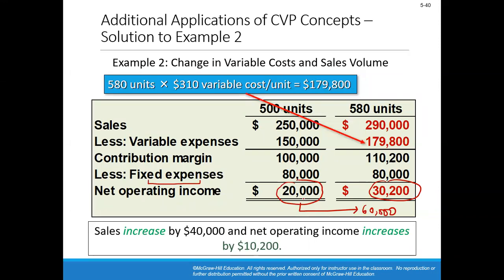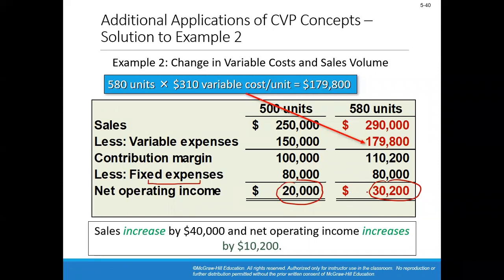Okay. But what is happening? Which amount is eating up our profit? There has been no changes in fixed expense. You see there has been changes in variable expense. So the increased variable expense is eating up our profit.